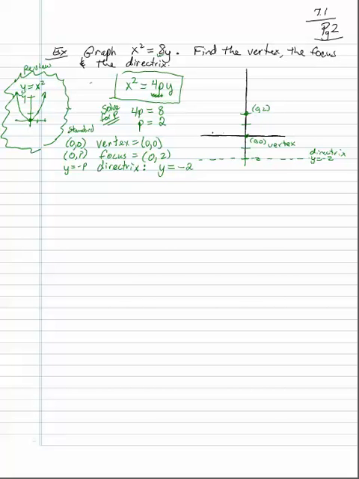Now, the book doesn't talk about this one, but there's this common point that we call, if p is 2, that's the distance, or the absolute value, p is 2. If you go twice that distance, that's 4. You're going to go straight out from the focus 4 units.